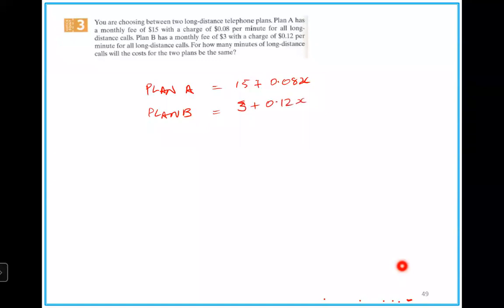So to solve that, then they want to know when the two will be the same. So you're simply going to have an equation: 15 plus 0.08x equals 3 plus 0.12x. And you solve that equation. But in the interest of time, I'm going to skip that. We just want to know what the procedure is to set up your equation. You go from there.